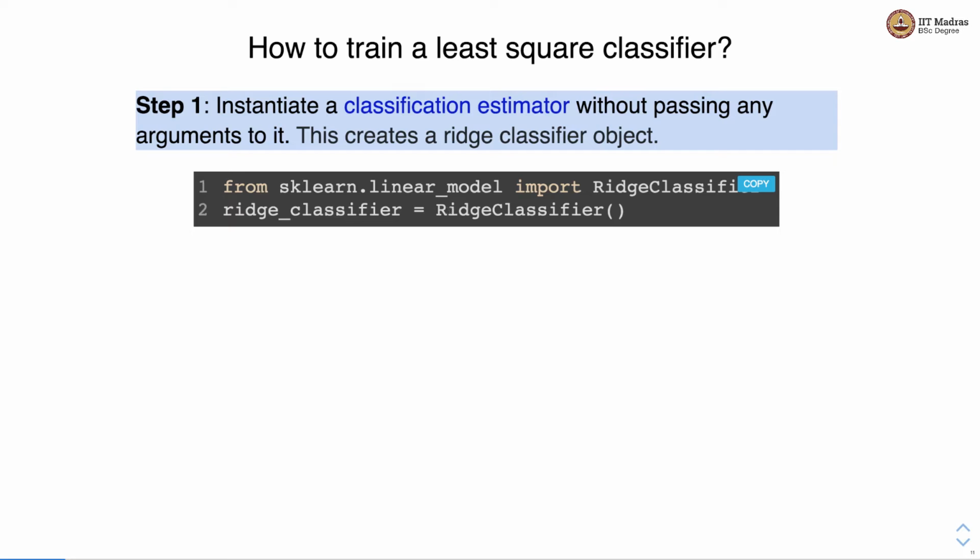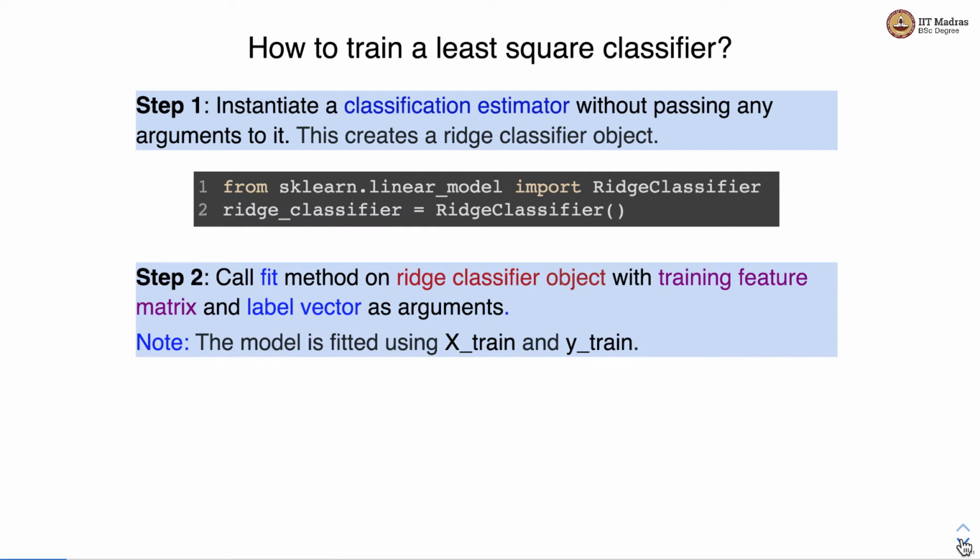So we have Ridge classifier object created in the second line. Then we call the fit method on the Ridge classifier object with training feature matrix and label vector as arguments. Again, in case of binary classification, it will be a label vector, but in case of multi-class classification, it will be a label matrix.